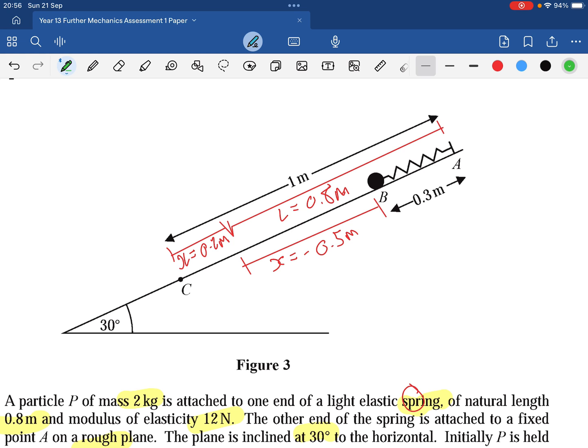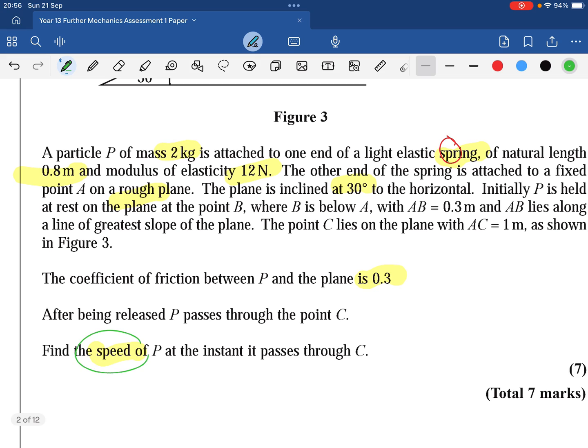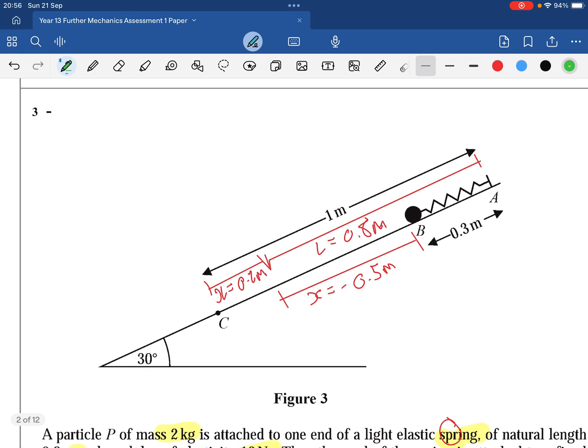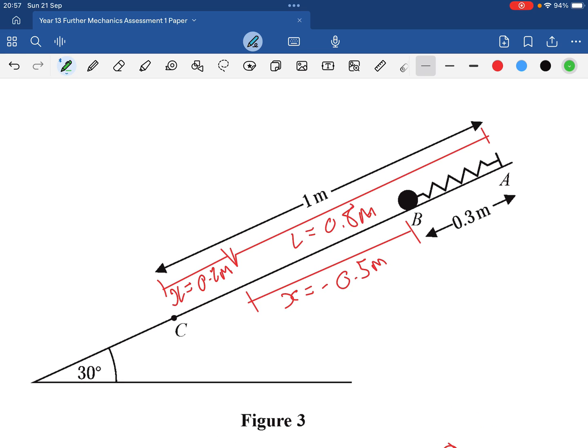Next thing I would think about is, what is this question actually asking for? It's asking for a speed later on. And whenever we're thinking about speed, we're thinking about energy, conservation of energy, different types of energy involved. And because our diagram is on a slope, we're going to have some gravitational potential energy being exchanged here. So I'm going to add a triangle to help myself.